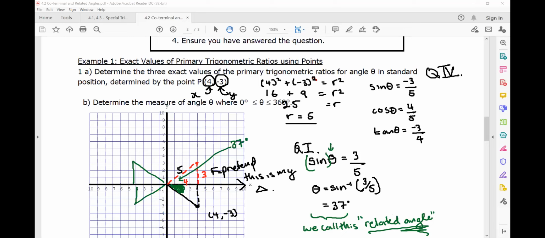Okay? So, if this angle, let me erase this. Now that we have established that this angle right there is 37 degrees, what is the actual angle that we want in a clockwise direction?